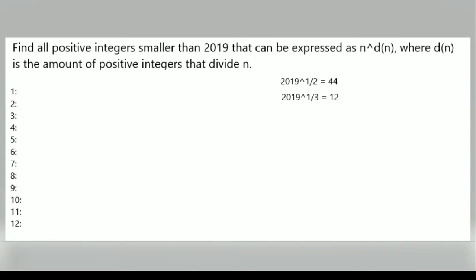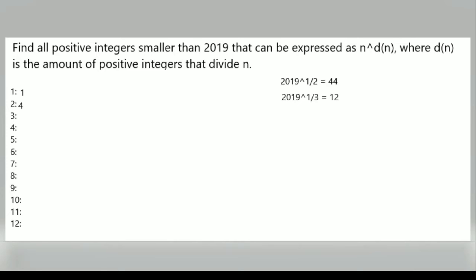So I wrote every number smaller than 12. We're not going to consider the prime numbers yet because we're going to write those later on. With 1, we know that it only has 1 divisor, so 1 to the power of 1 is 1. With 2, 2 is a prime number, so it's 2 squared, which is 4.